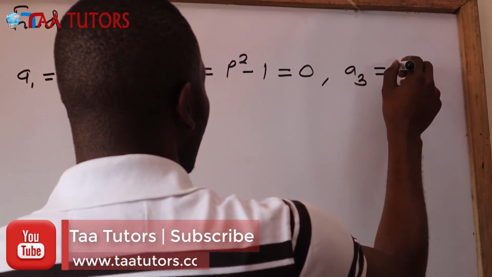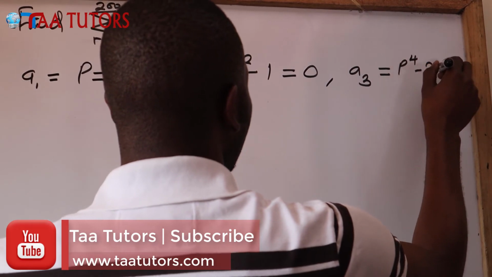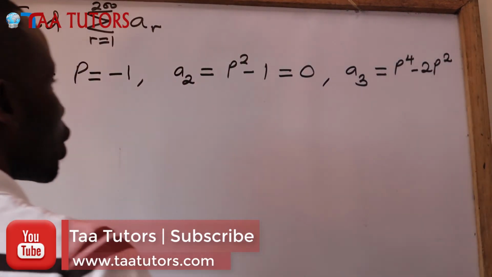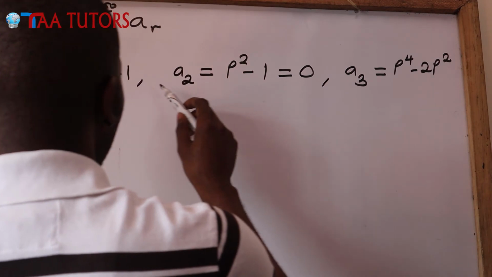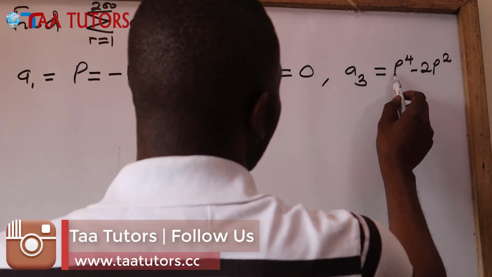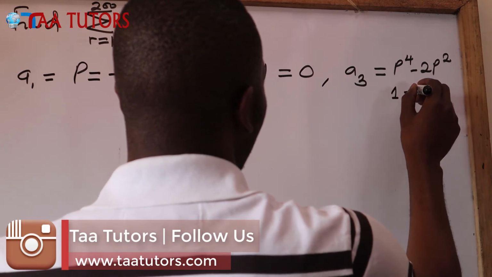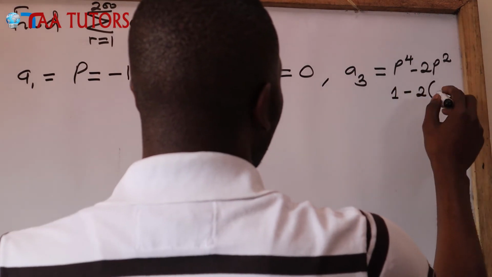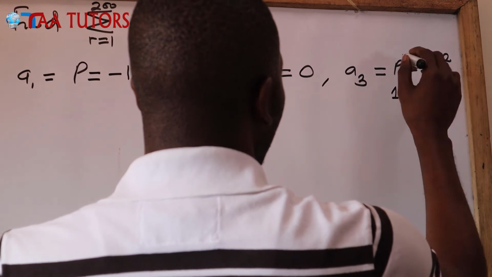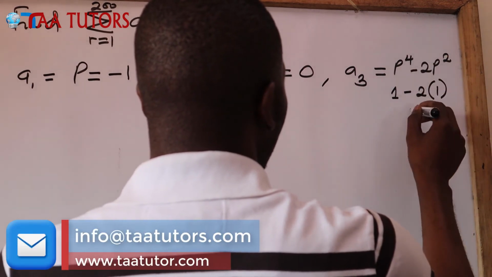A3, we said, will be P to the power 4 minus 2P squared. Our P is -1. So -1 to the power 4 will be 1, because it is raised to an even number, minus 2 into (-1) squared, which is 1. This will be -1.